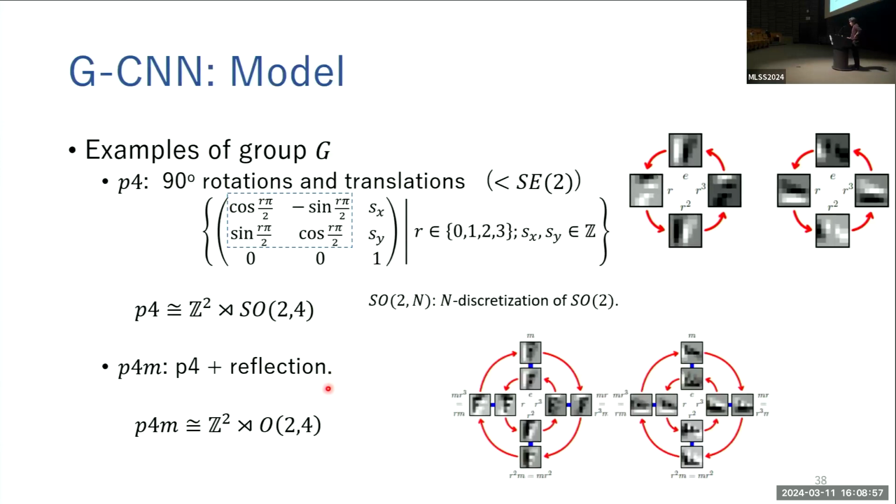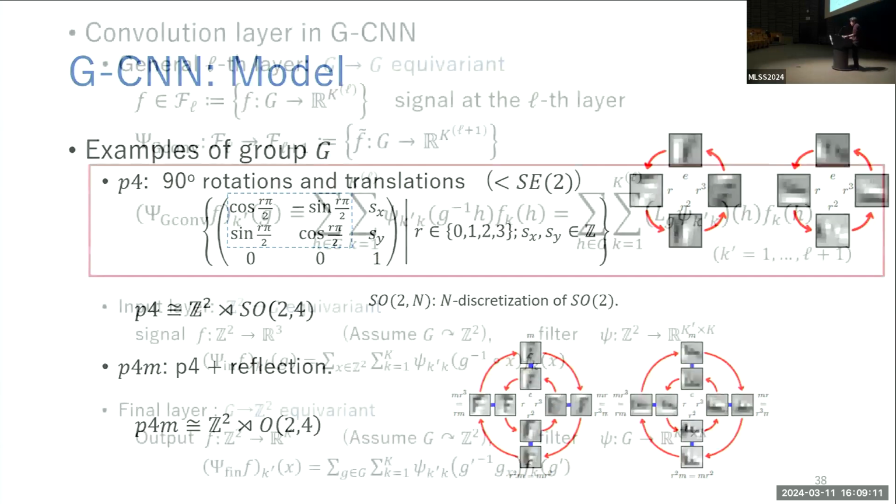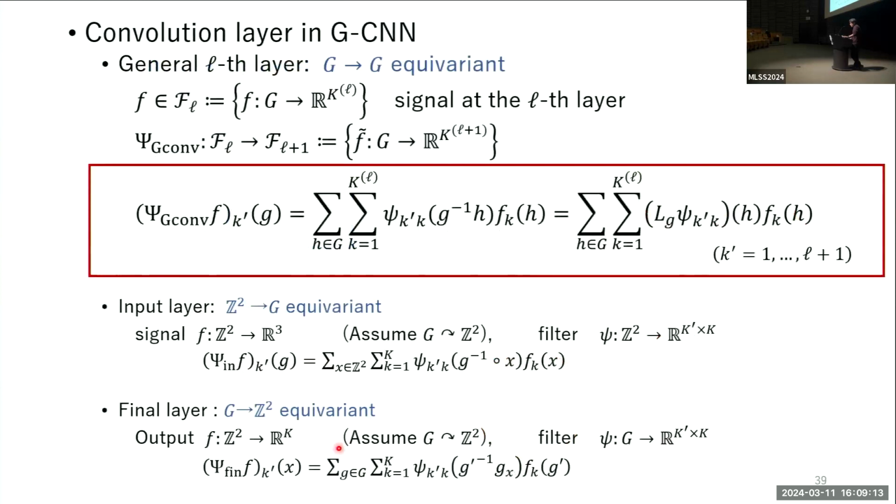And the P4M is simply the addition of a reflection to the P4. And this is again a semi-direct product. Okay, so let's again consider the general group. In this case, the signal is a function from the group to some dimension specified by the channel numbers.